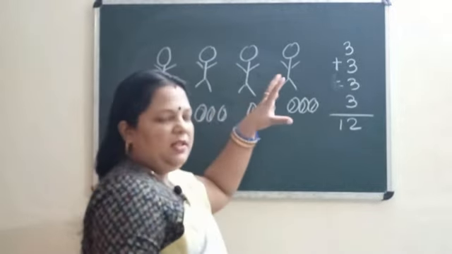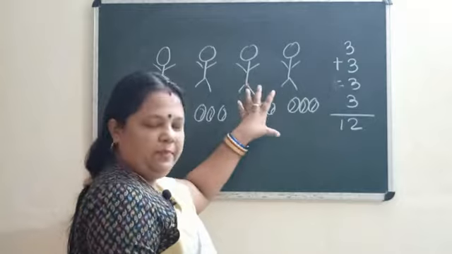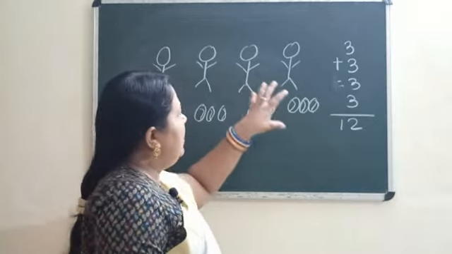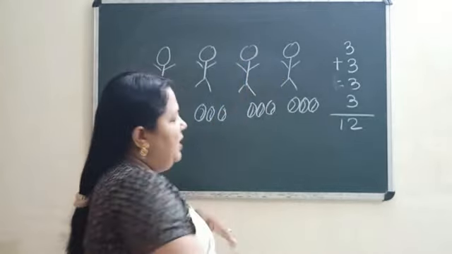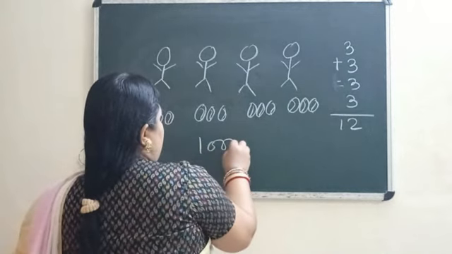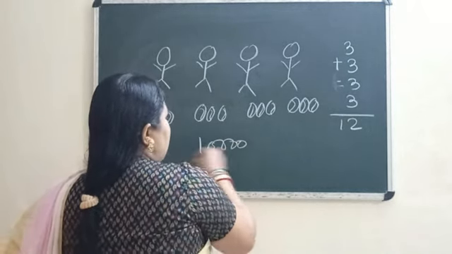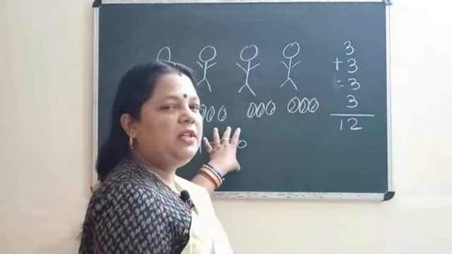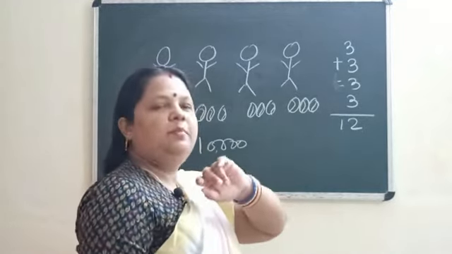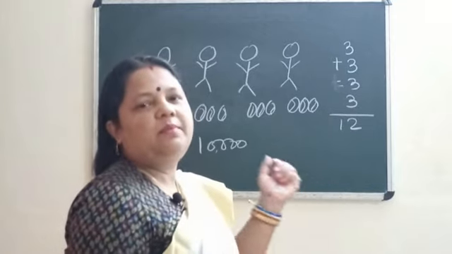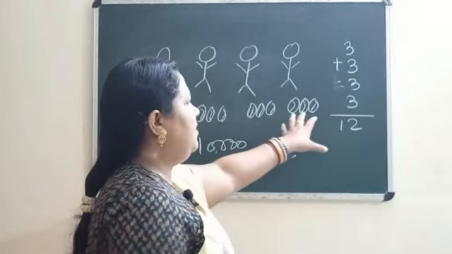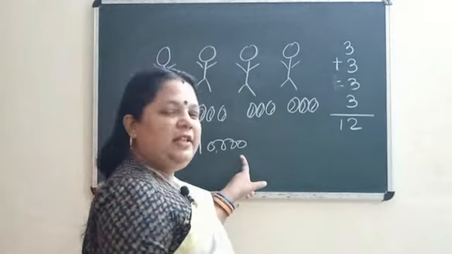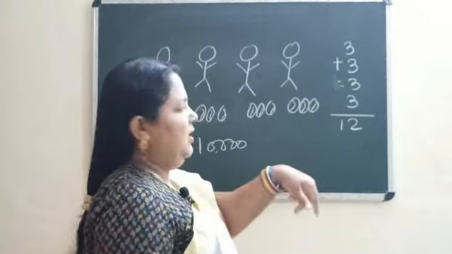So I have taken a small example of 4 persons. If in place of 4 persons, 1000 people are there or 10,000 people are there, then how will we count the total number of balls? Each one is having 3 balls. If the persons are 10,000, then how will we add?